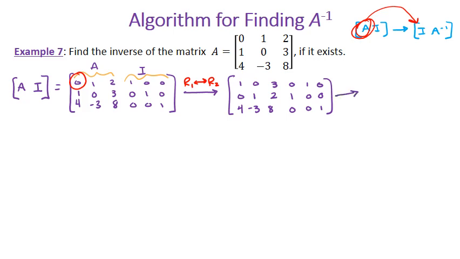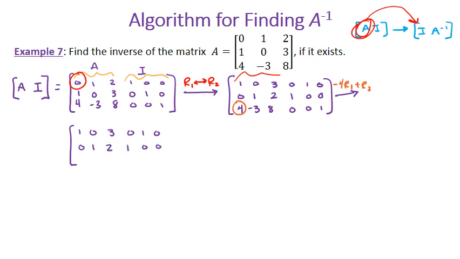Now, since I want this first part to become the identity matrix, I'm going to try to make this a 0. And the way I do that is I'm going to take -4 times row 1 plus row 3. I'm going to space this out, guys, and I'm going to come down here. Okay, so now row 1 remains the same. Row 2 remains the same.